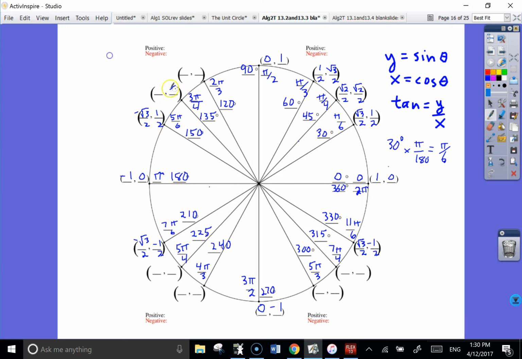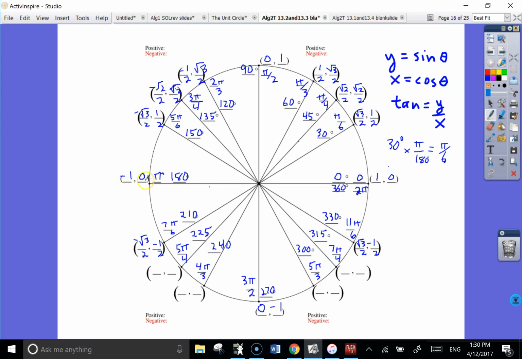This is root 2 over 2. This is root 3 over 2. And then this is 1. And then I go to the x-coordinate. 0, now their x's are negative, so negative 1/2, negative root 2 over 2, negative root 3 over 2, negative 1.